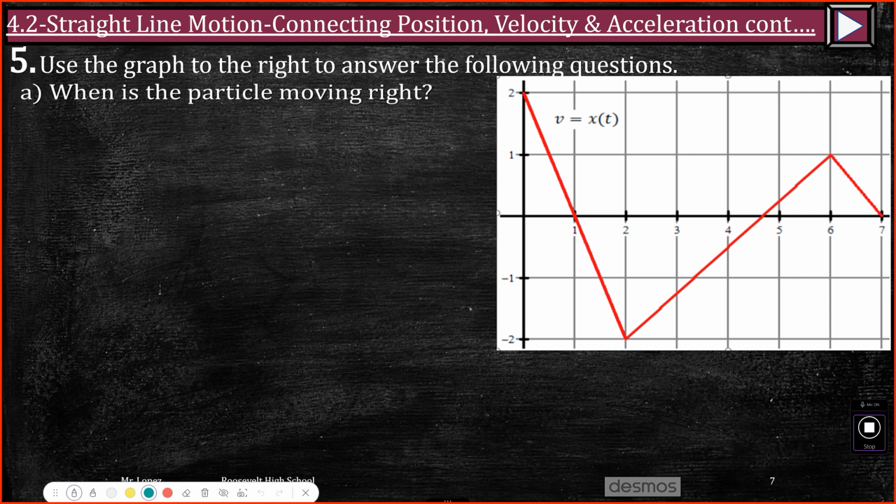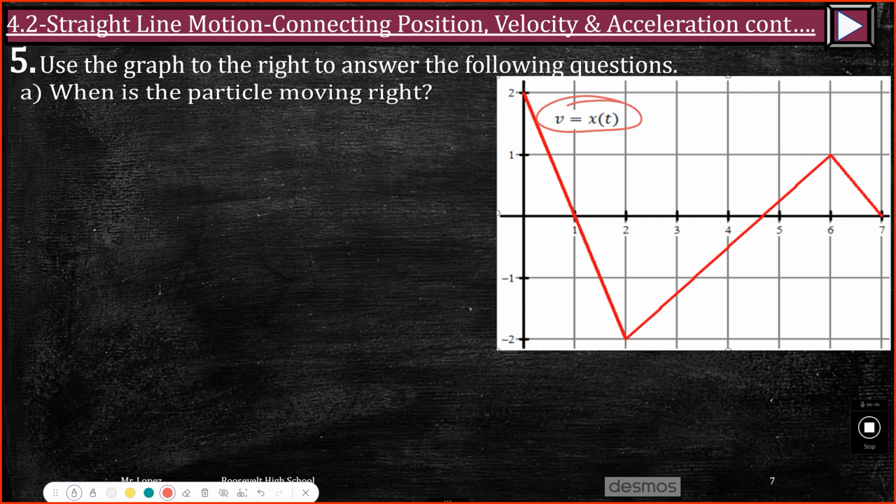So the particle moves to the right when the velocity is what? Greater than 0, no? When the velocity is greater than 0. This is the velocity graph. So when is the velocity greater than 0?